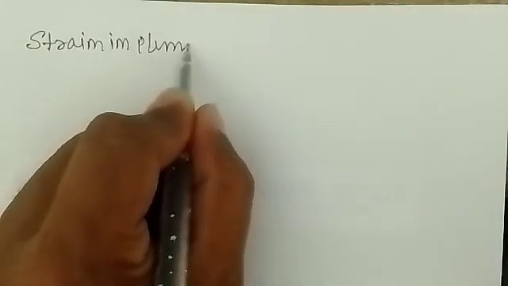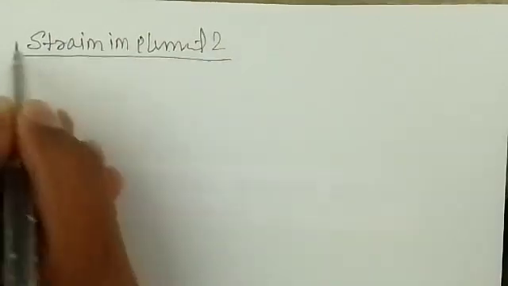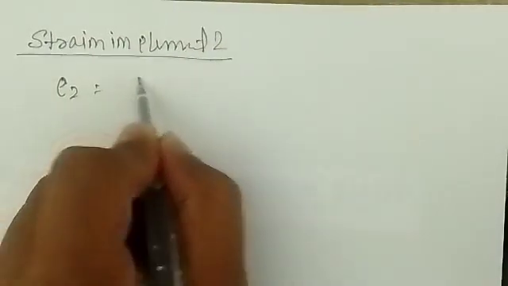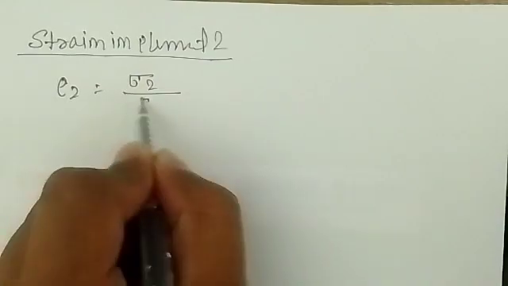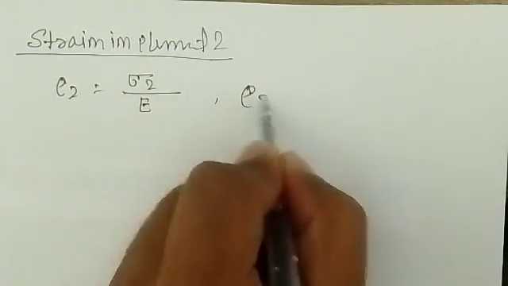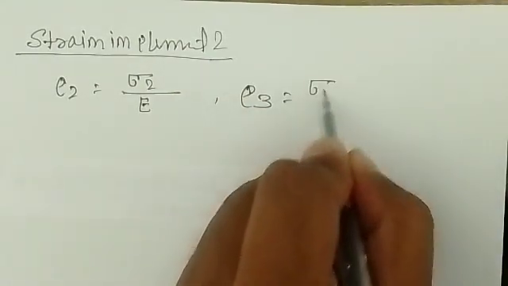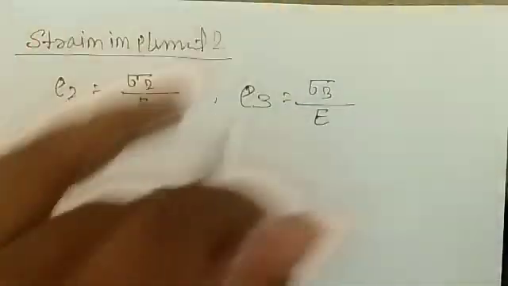Similarly, the strain in element 2 is E2 is equal to sigma 2 by E, and E3 is equal to sigma 3 by E, that is the strain in element 3.